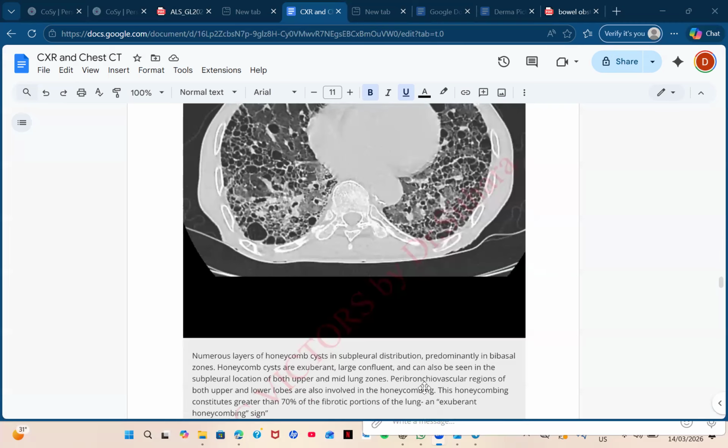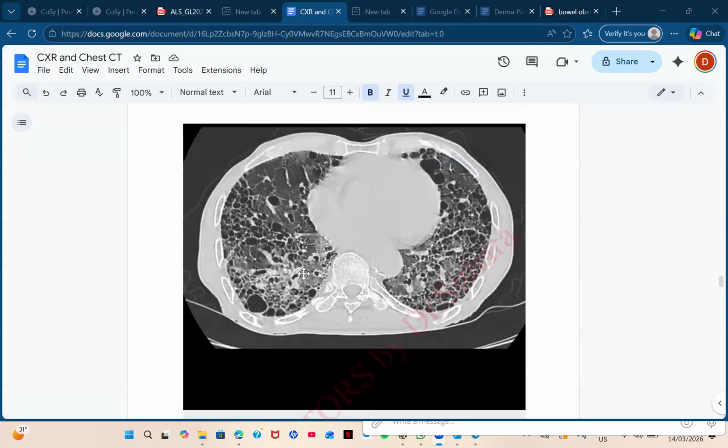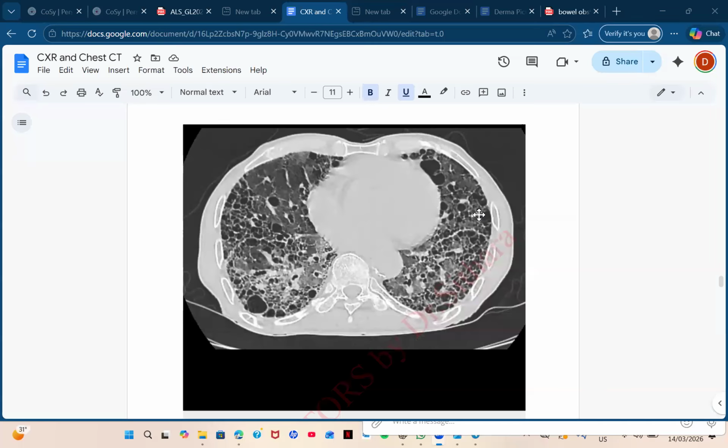Bronchovascular regions of both upper and lower lobes are also involved. If you see honeycomb in the exam, remember this is the very late stage of fibrosis, and it is not reversible.